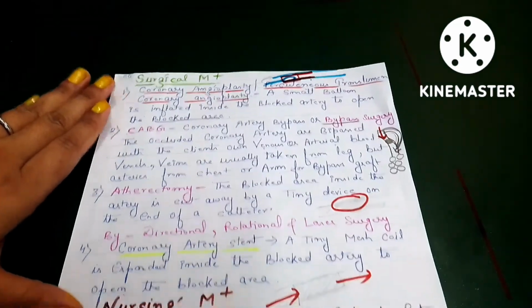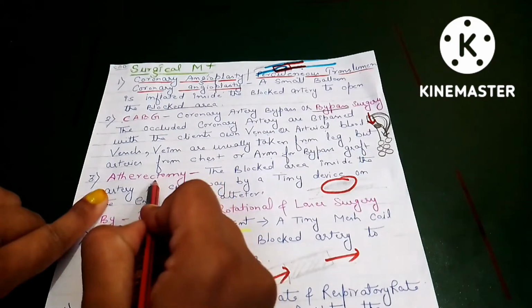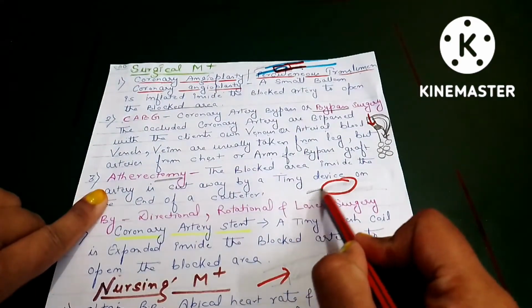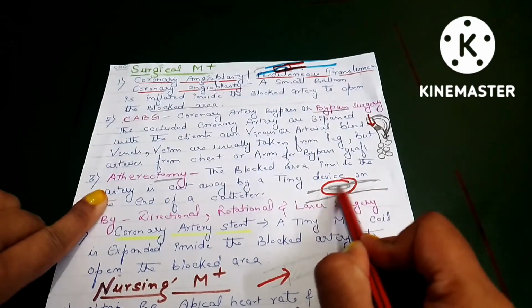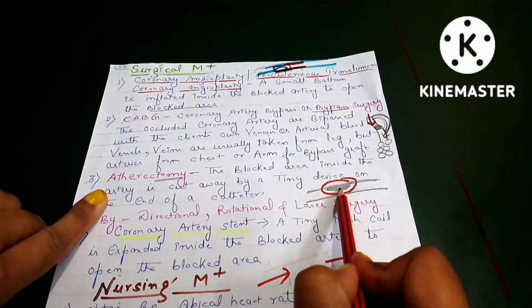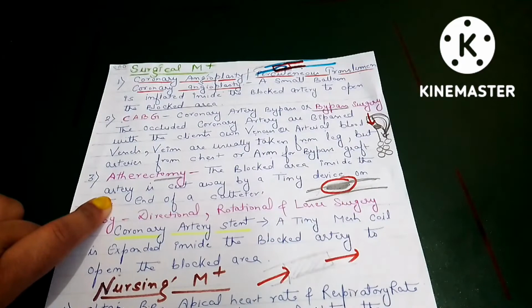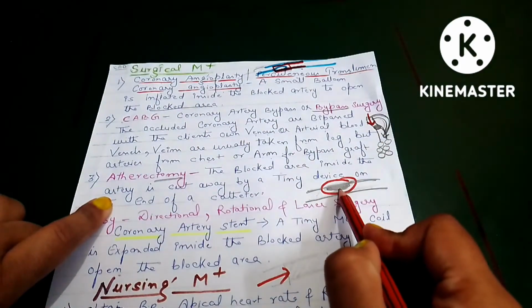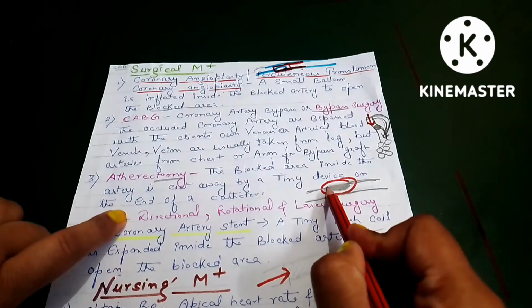Next surgery comes atherectomy. The word tomy itself says opening. Okay, so what we are doing here, through a coronary artery, this is plaque formation, we are opening this and we are removing this plaque. The blocked area inside the artery is cut by a tiny device, meaning through an instrument or a small tiny device we are cutting this plaque.